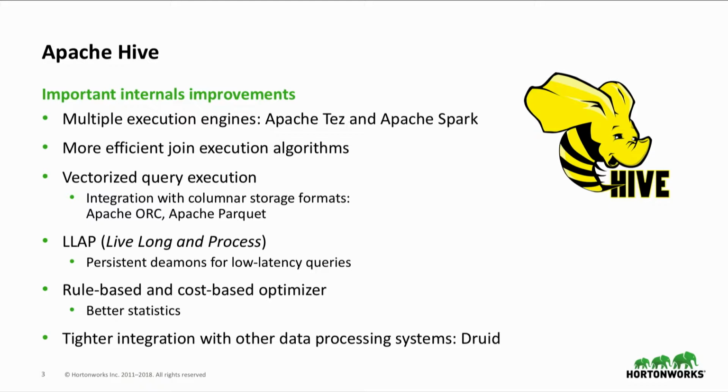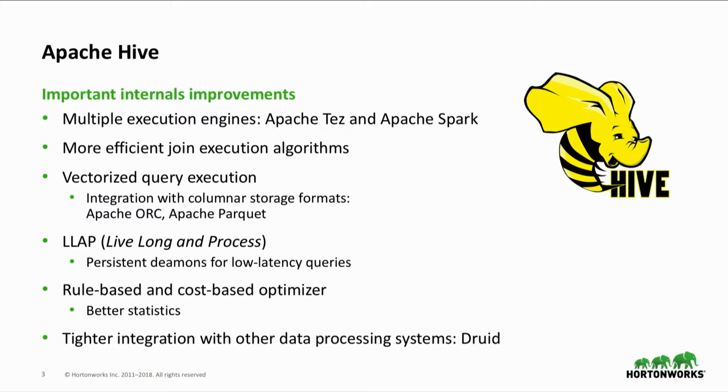So we moved from MapReduce, and now there are multiple execution engines that are more advanced, such as Tez or Spark. There was a lot of work on making more efficient join execution algorithms. Vectorized query execution was introduced and improved. This allows us to process batches of columns instead of row per row.